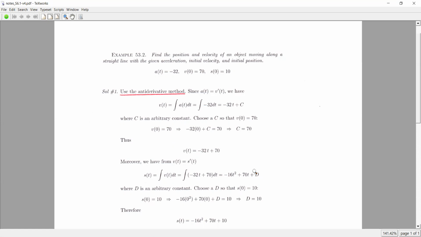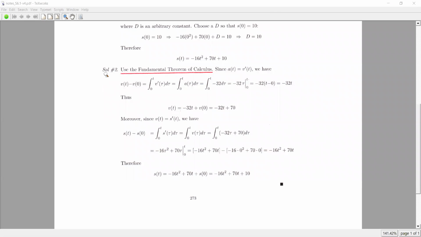This time I use d because I have used c here. To determine d, I use this initial condition. When time is 0, the position is 10. By this condition, then d is 10. Therefore, the position function of the moving object is this.